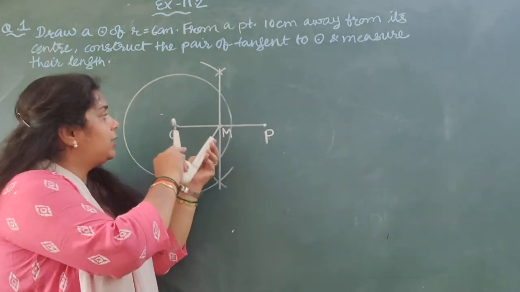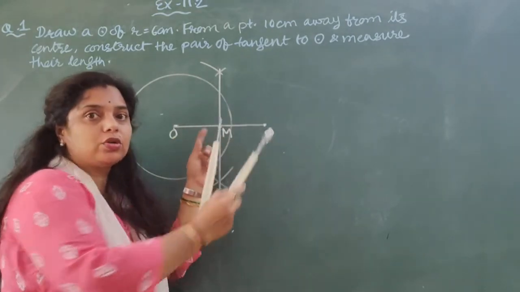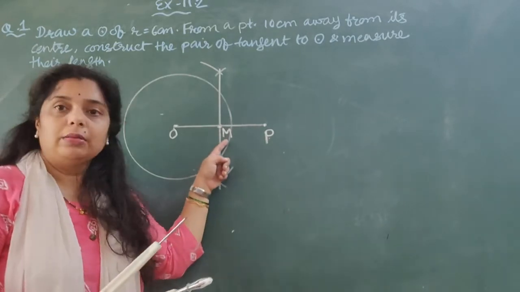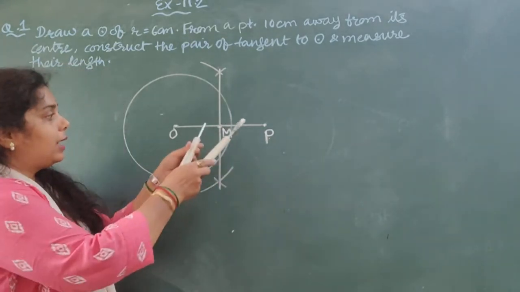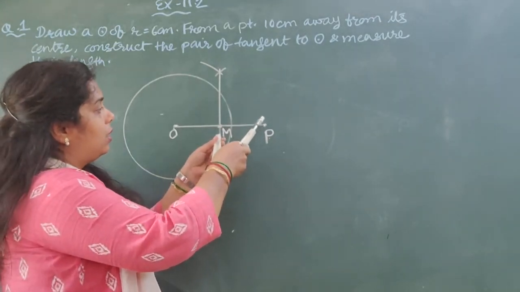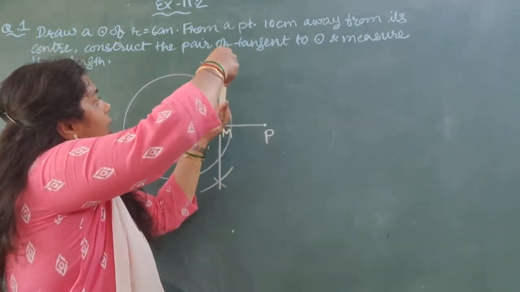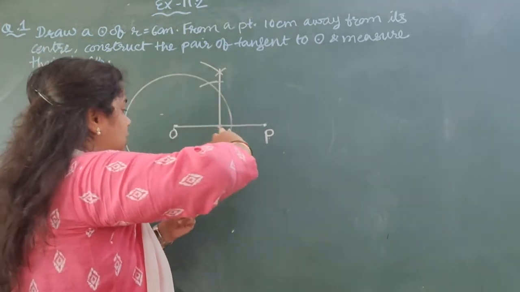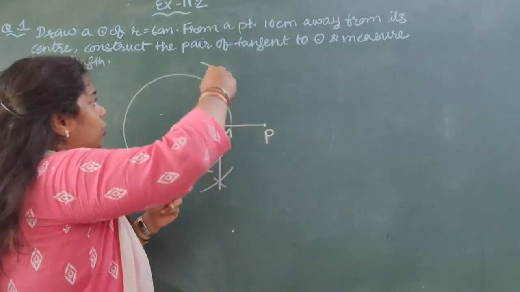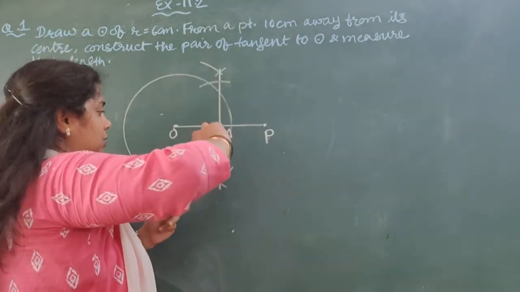Either you can take this one or this one as radius, because both are equal, as this is the midpoint of OP. I am taking MP as a radius, and now make an arc on the original circle.